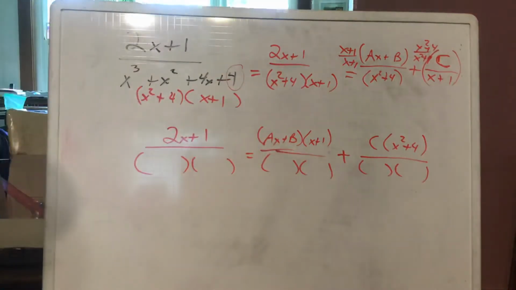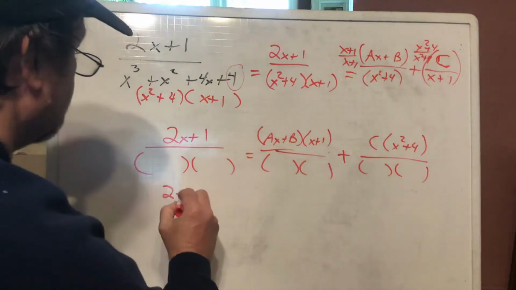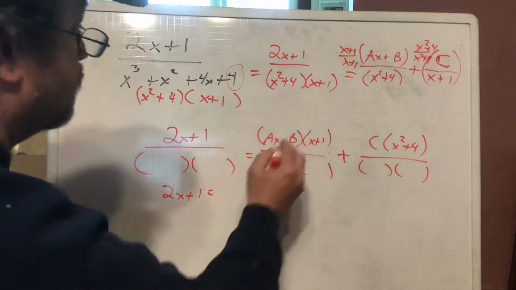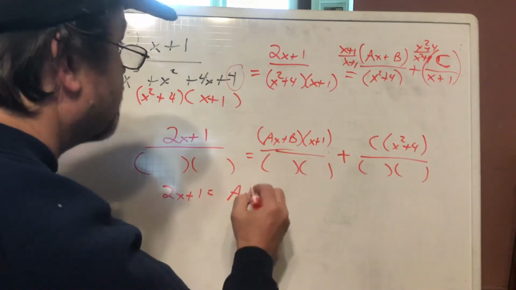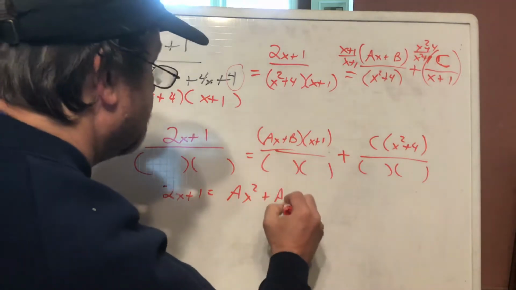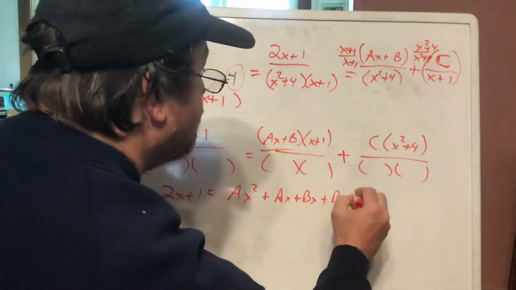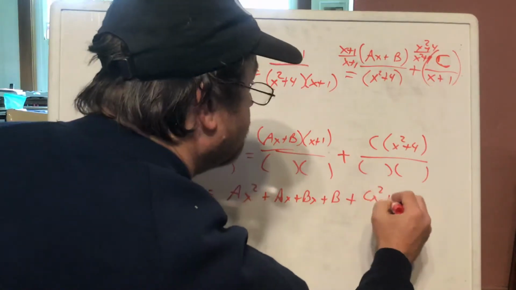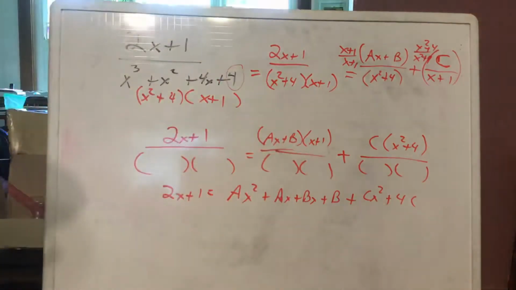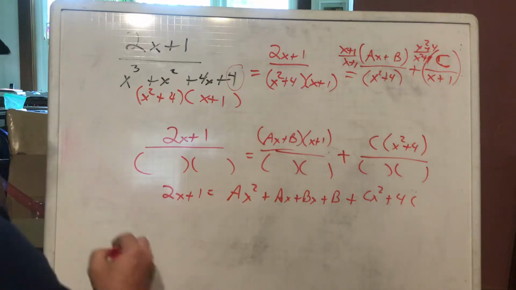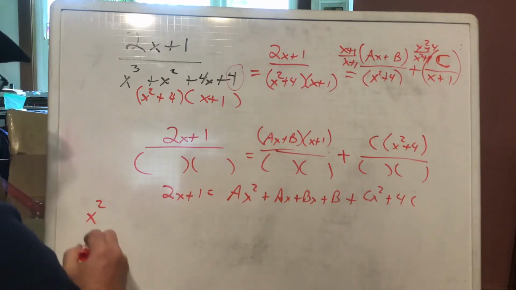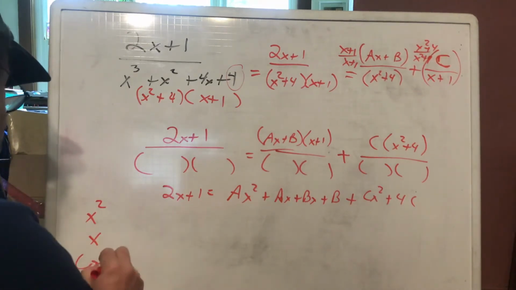Again, the denominators are all going to be the same, so the equations that I end up with look like this. 2x plus 1 equals, and I FOIL this, ax squared plus ax plus bx plus b plus cx squared plus 4c. I'm going to get an x squared equation out of this, an x equation, and a constant equation.